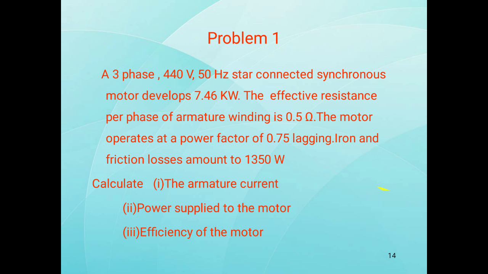The motor operates at a power factor of 0.75 lagging. Iron and friction losses are as given, that is 1350 watts. So now what they are asking: calculate the armature current, power supplied to the motor, and efficiency of the motor.